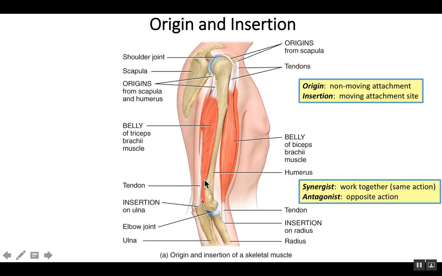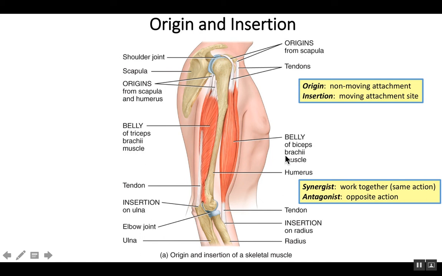So that brings us to the next set of terms, synergist and antagonist. When you have more than one muscle doing the same action, they are synergistic. Usually one of them provides the most of the force. We call the muscle that provides most of the force the prime mover. So for example, elbow flexion is done using your biceps brachii muscle.